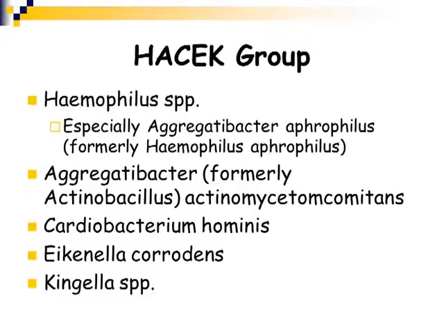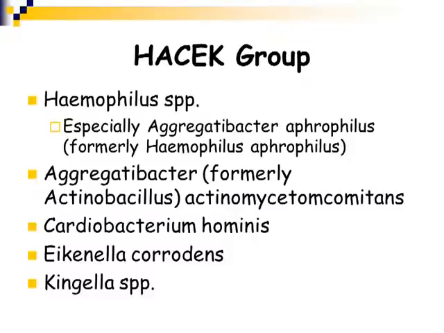So the HACEK group used to be very easy because the H stood for Haemophilus, the A used to stand for Actinobacillus, the C for Cardiobacterium, the E for Eikenella, and the K for Kingella. It still does stand for those organisms.